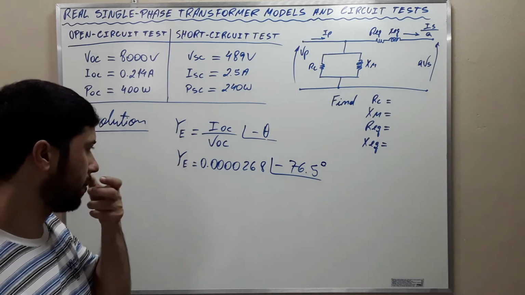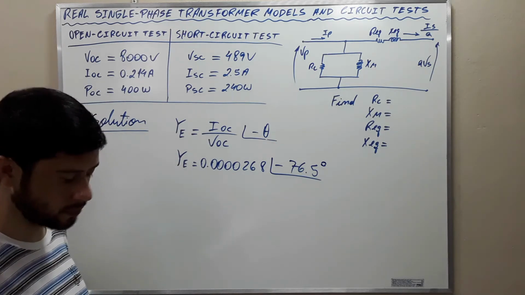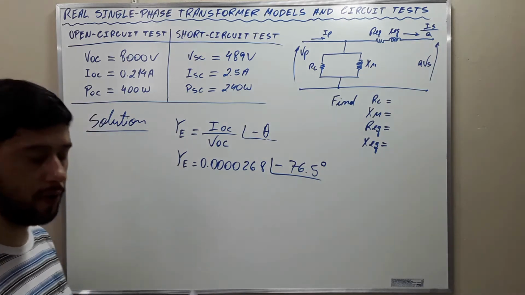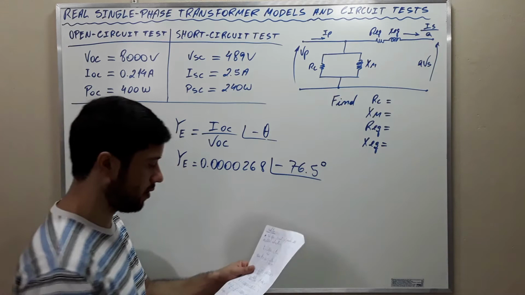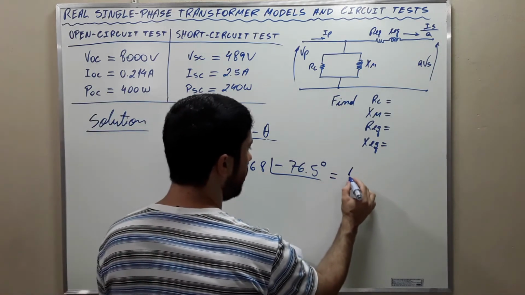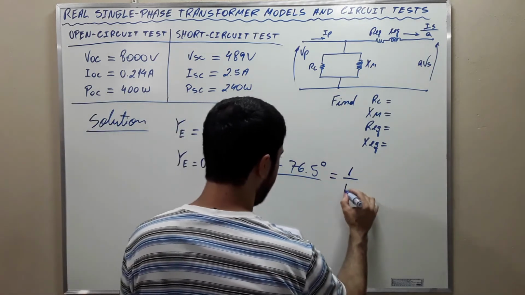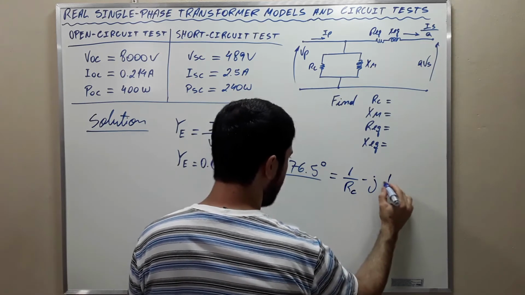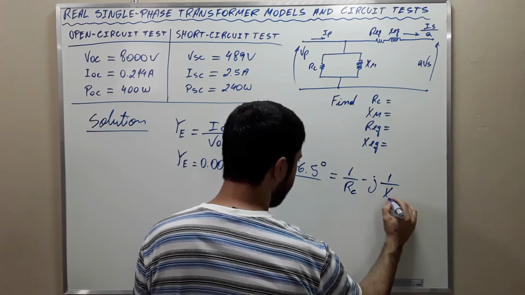Okay? Moreover, we need to notice that this is equal to 1 over RC minus J 1 over XM.